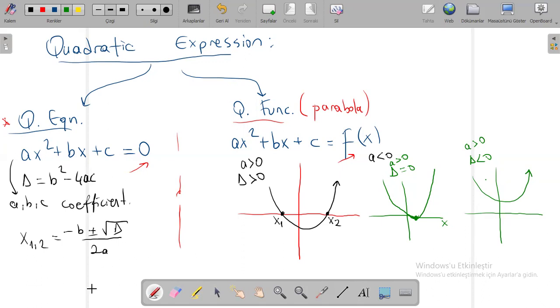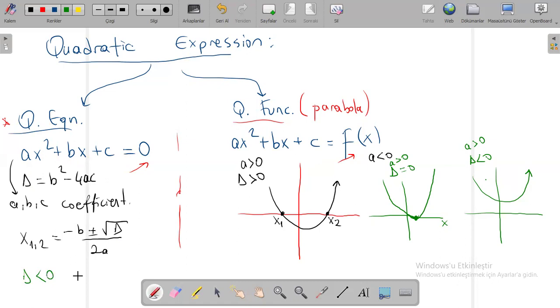So according to the formula, when delta is 0, you can see x sub 1 and x sub 2 actually will be minus b over 2a. But when delta is less than 0, because there is no real value for the square root of negative numbers, this quadratic function or quadratic equation will have no real roots.